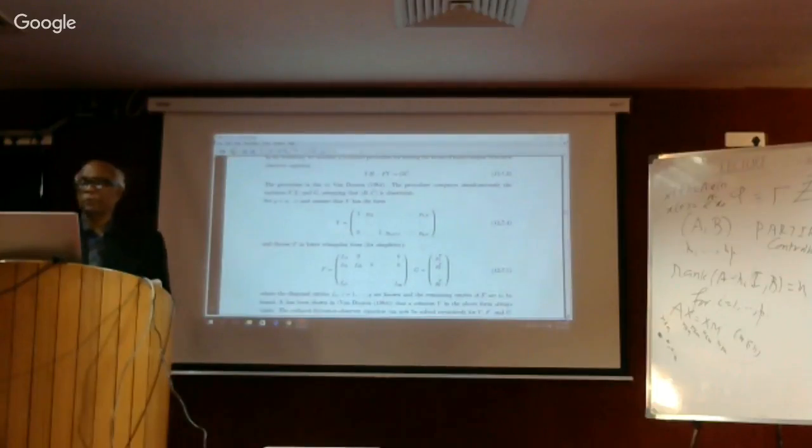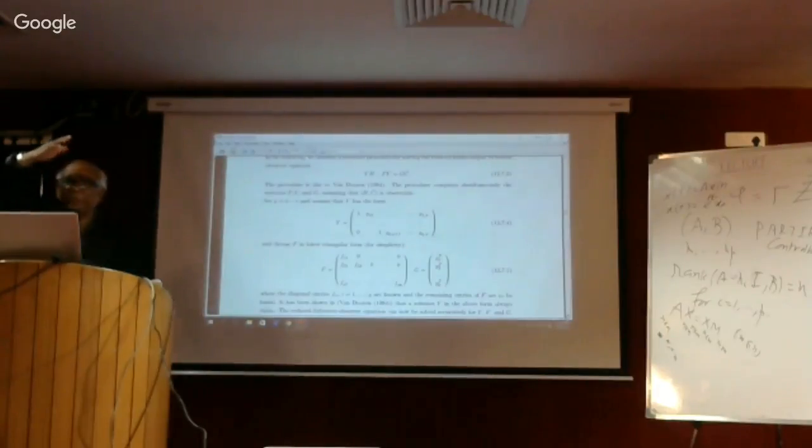Here, Y has been assumed in a special form. That means the diagonal blocks of Y are all known to be equal to 1, and you have to compute the off-diagonal entries of the matrix Y.